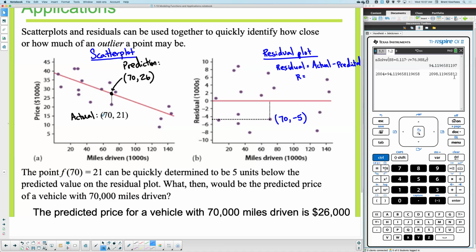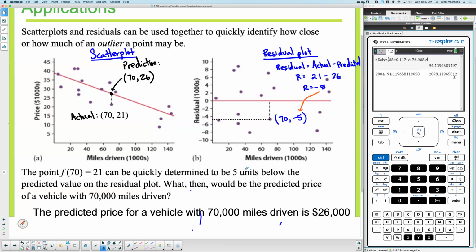The 21. Remember, it's y. It's not x and x hat, it's y and y hat. The actual is 21 minus the predicted, which was 26. What is 21 minus 26? -5. Notice that's where that -5 comes from.